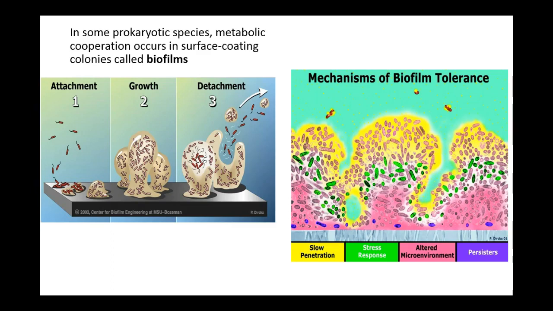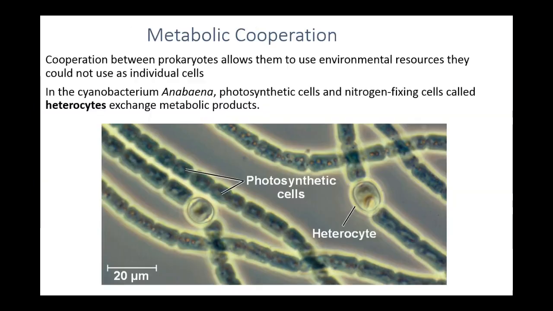Then at the bottom of this image you have these purple bacteria that can persist. They can be left over when the antibiotic is no longer able to penetrate, and so they will be left to multiply and carry on. So the biofilm is also a protective barrier.